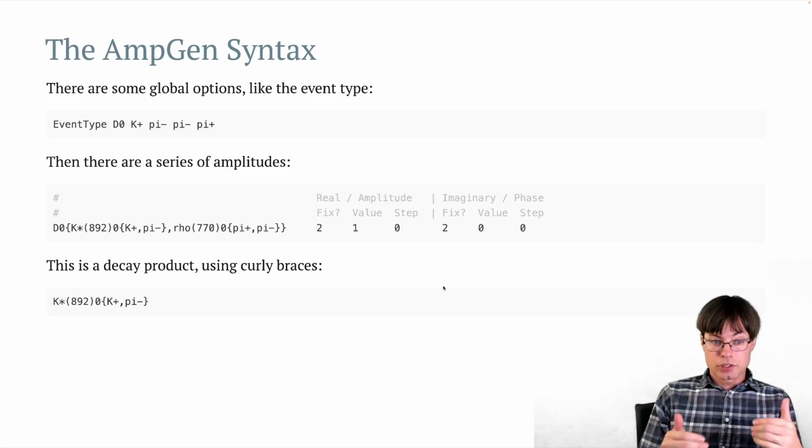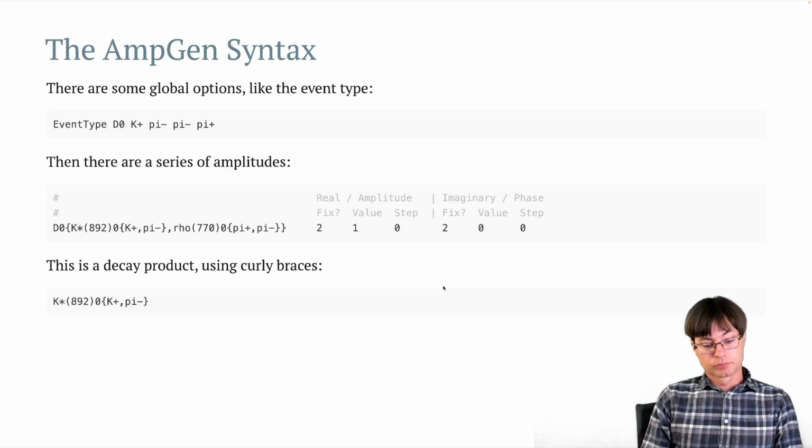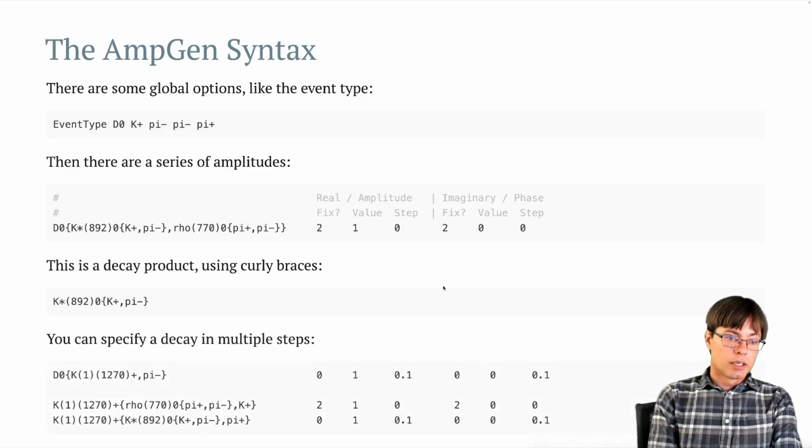Then in curly brackets you have the decay products, and you can nest this. So you'll see the one above has D0 decaying to the K star, which then decays itself into a K plus and a pi minus. So you can also specify a decay in multiple steps.